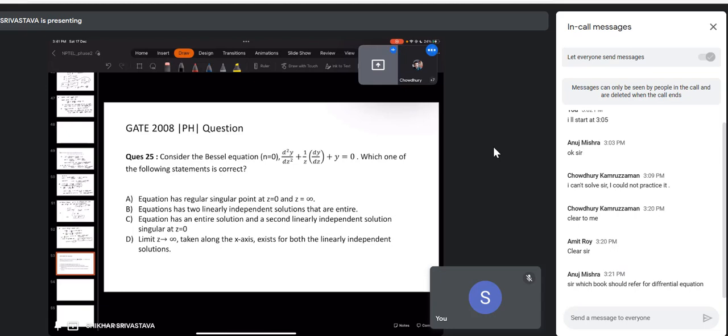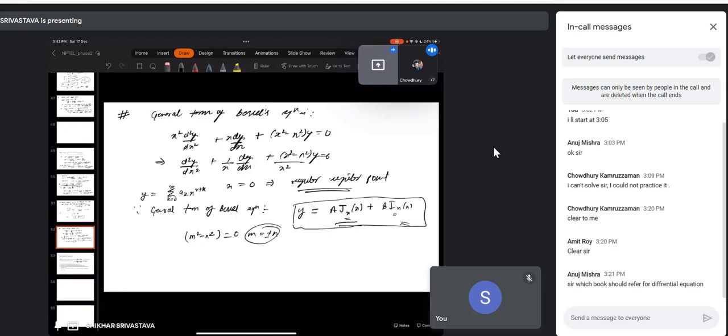If you just multiply both sides with z square, you will get something like this, which is just your original Bessel equation form.